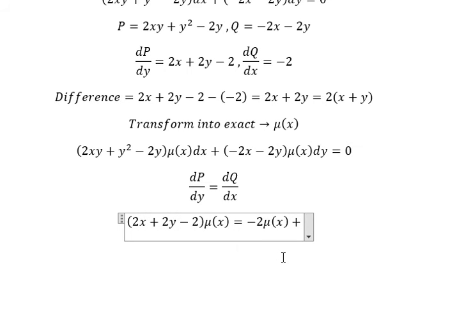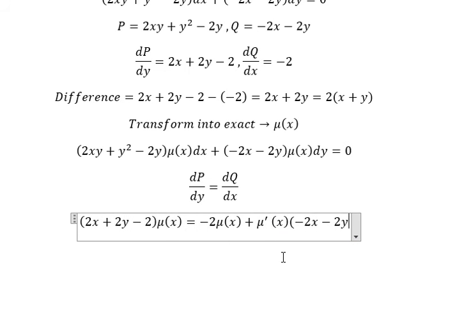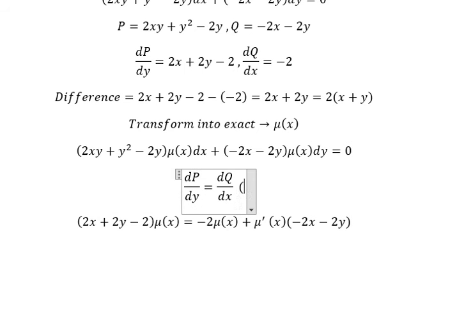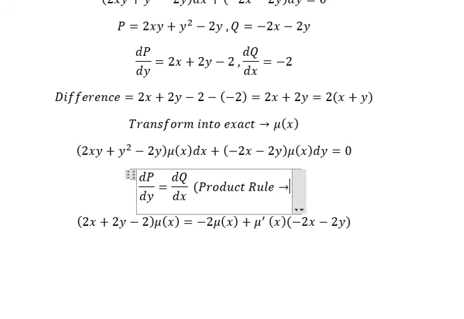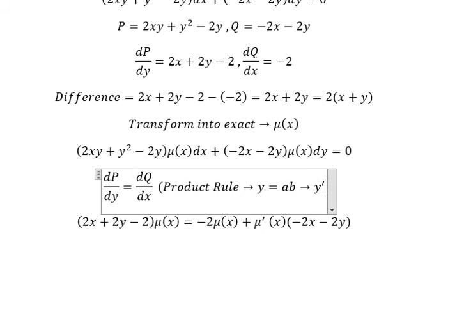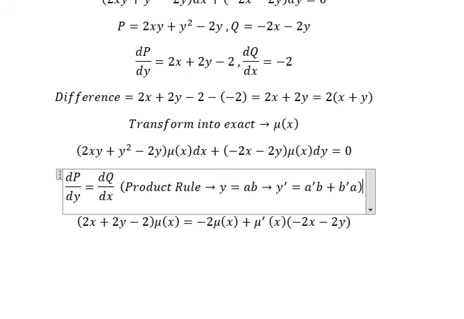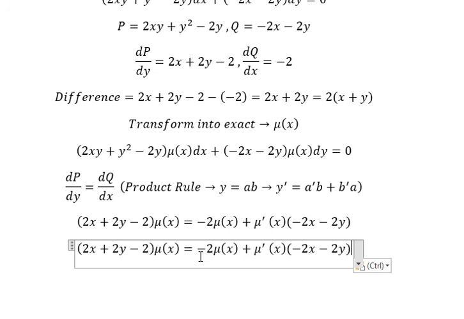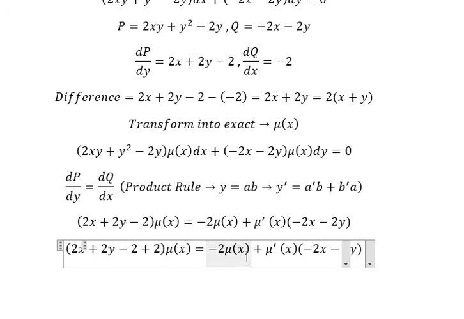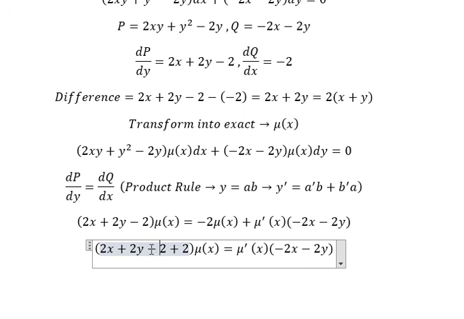So we have like this. So this is about the product rule of derivative. So we have this one. So I will put this one go to the left, and we have positive number 2. So negative number 2 cancel positive number 2.